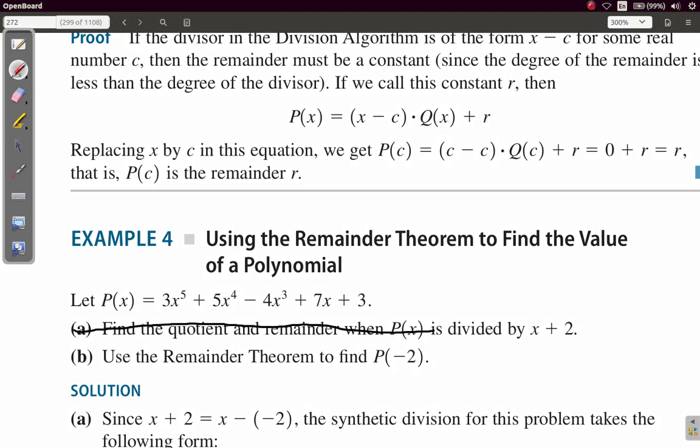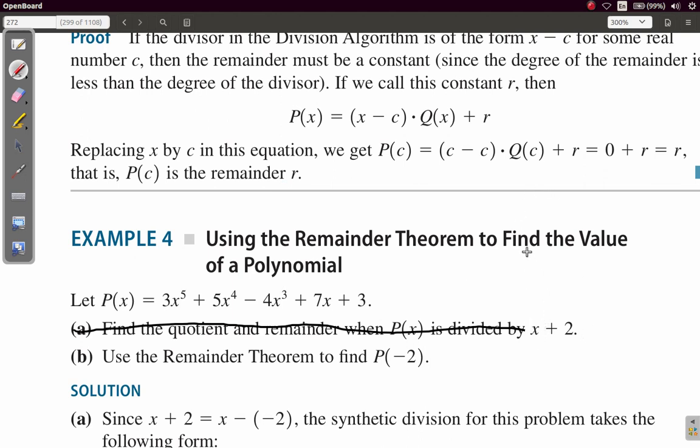Imagine you're in an exam and you were not asked to divide it. You are asked to find the remainder when this polynomial is divided by x plus 2. You must show working. What will you do?